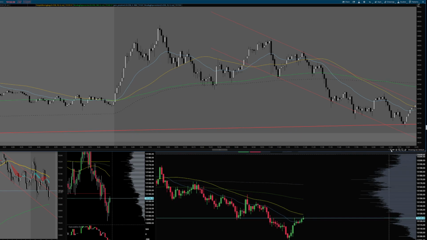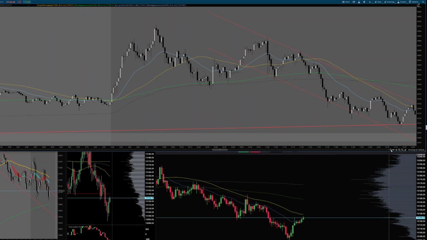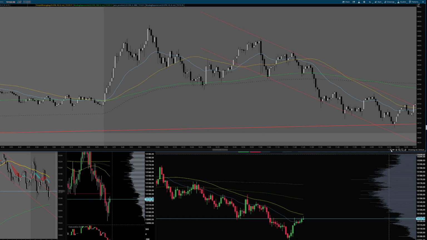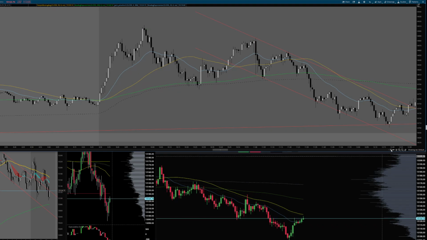Okay, trying to break that 50 again and trying to break that channel, got rejected. Okay, now I see some strong bars there, trying to cross this and break in the channel. We got a retest on the 50 and 25.